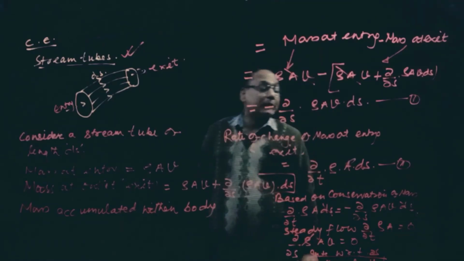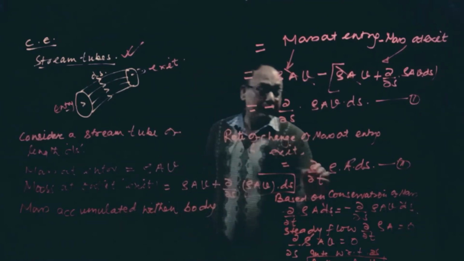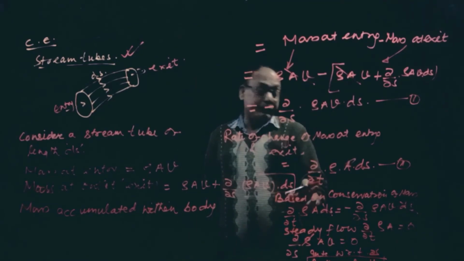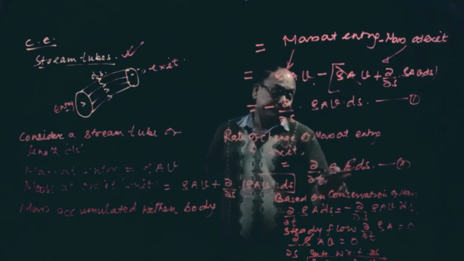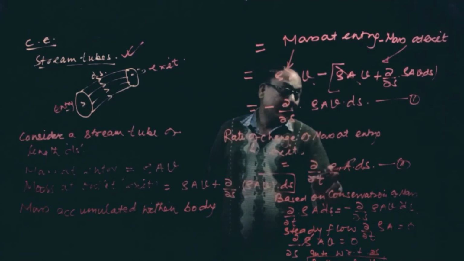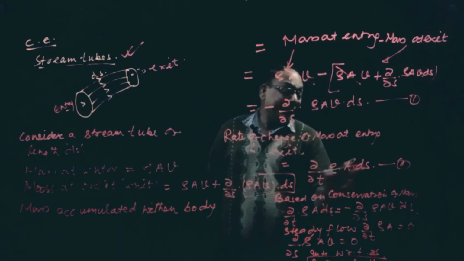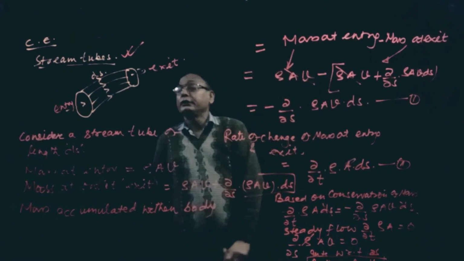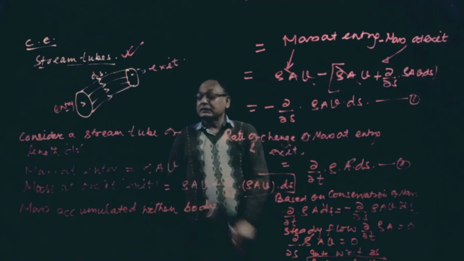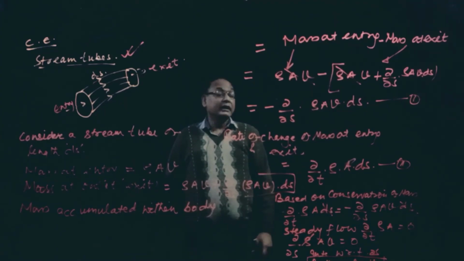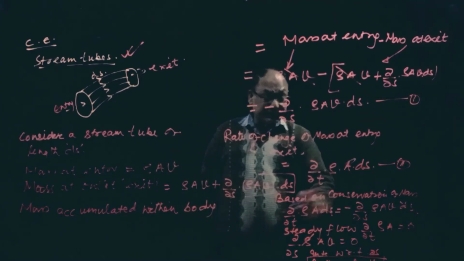The rate of change of mass will be d by dt, the time rate, of rho into a into ds, where rho is the mass density. Based on conservation of mass, equations 1 and 2 will be the same.